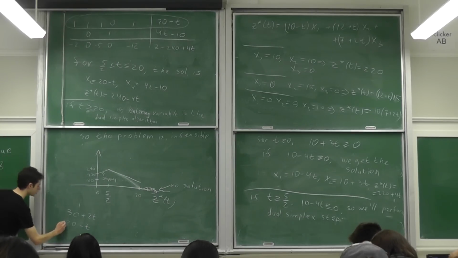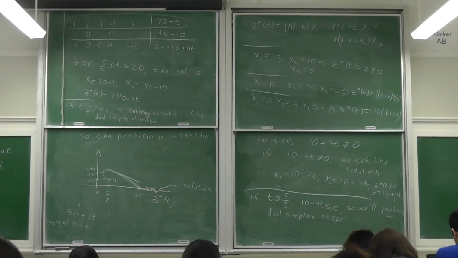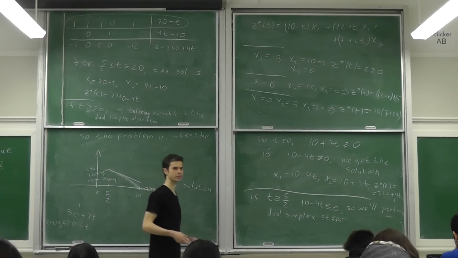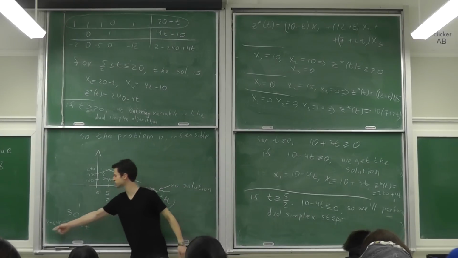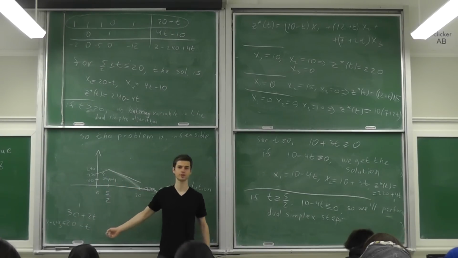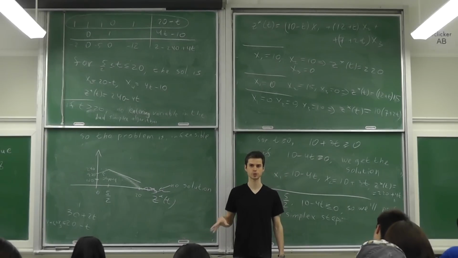The second constraint was about x1 plus x2 plus x3 being at most 20 minus t. So of course when t is greater than 20 you don't get any feasible solution, because the second constraint got updated to a sum of positive numbers being smaller than a negative number. So that's the reason why this solution is not feasible.